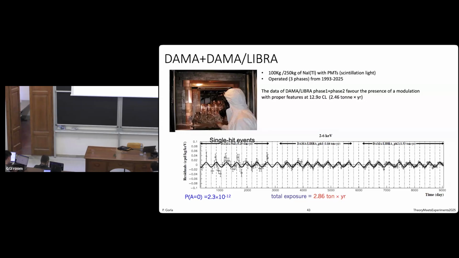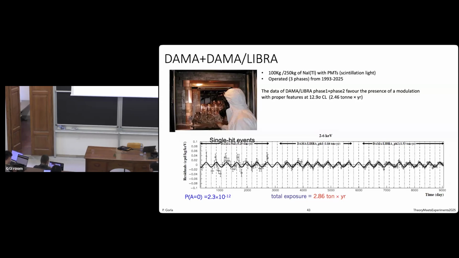So over 25 years, they do see an annual modulation with a maximum in June and a minimum in December, which is roughly what you expect from a dark matter signal. I think they had one feature which is a little bit strange: the modulation they see is larger than 7%, which is not very easy to understand with the kinematics of the annual modulation.